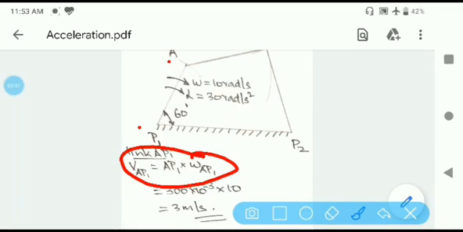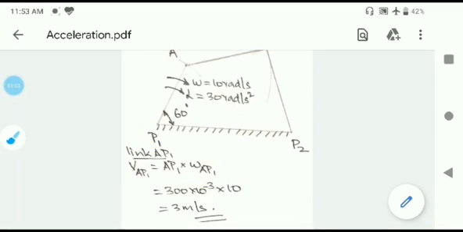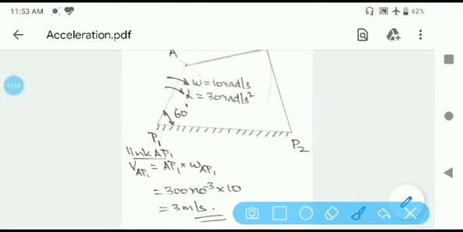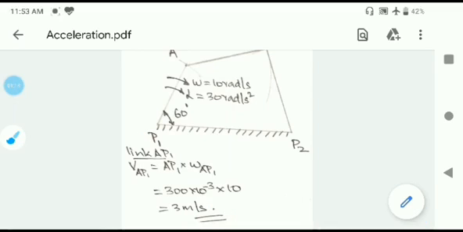Here R will be the length of the crank, the radius of rotation, that is AP1, and omega is the angular velocity of the crank. By substituting the values, you can get the magnitude of velocity of A relative to P1 as 3 meter per second. So now we have the magnitude of velocity of A relative to P1.